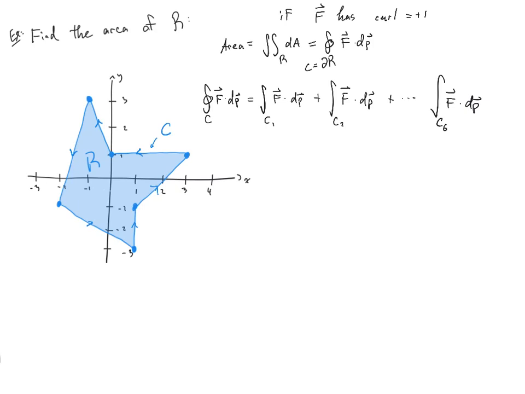textbook. So let's just pick a point. So let's pick this point. This is going to be our start and stop, and we'll call this x1, y1, which means x1, y1 is 3, 1.